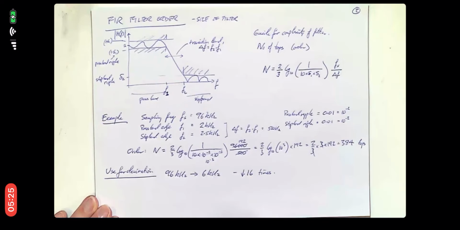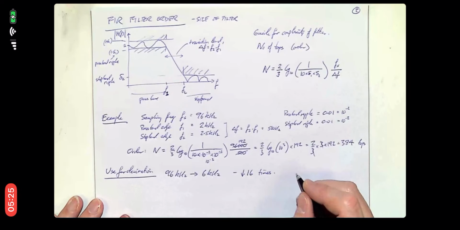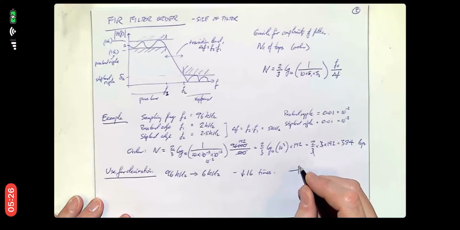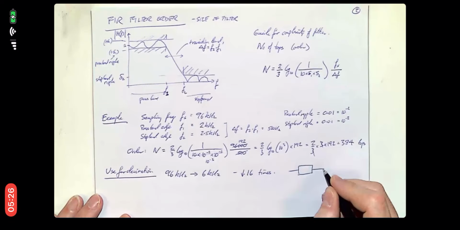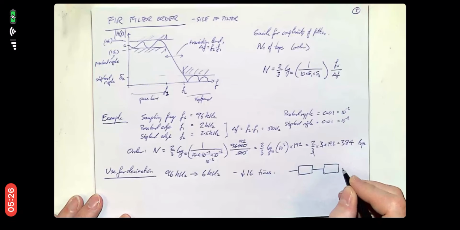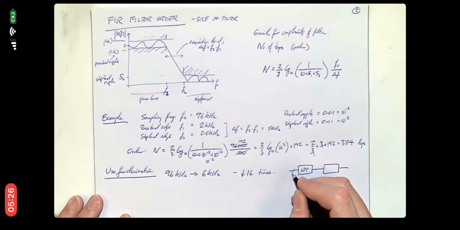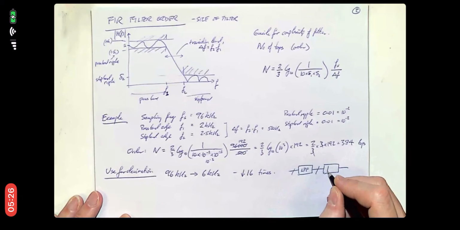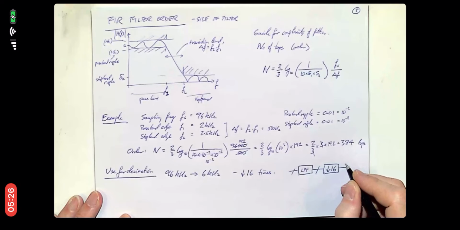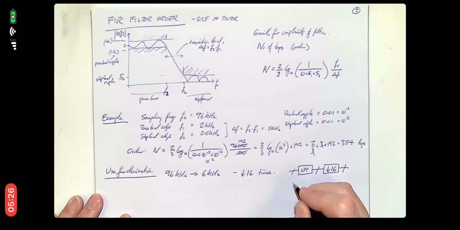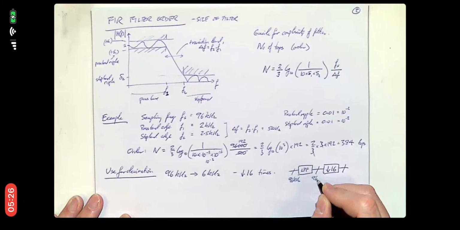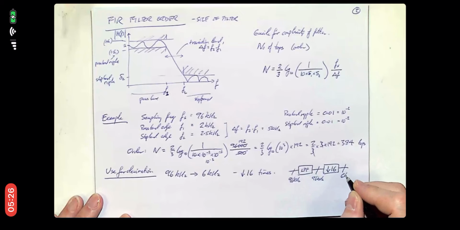So that means we want to go through a decimation filter. Here's our low-pass filter. Decimate by 16, and here we've got 96 kilohertz, all the way down to 6 kilohertz.